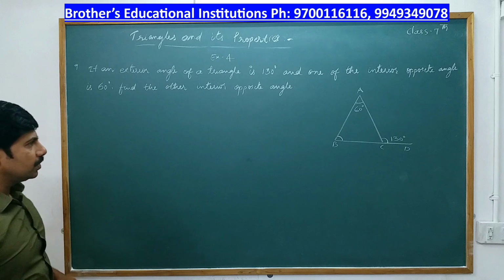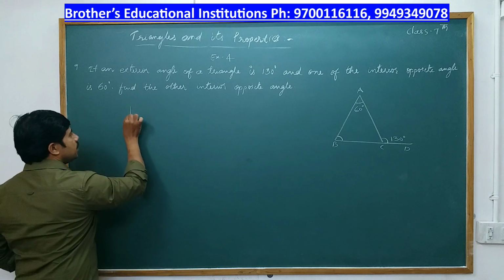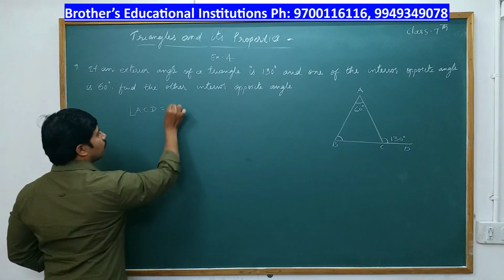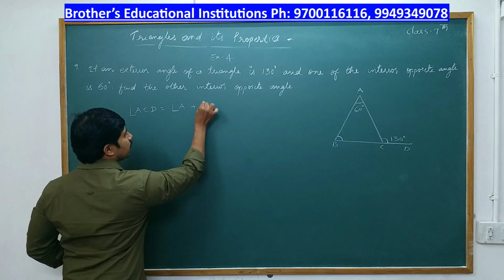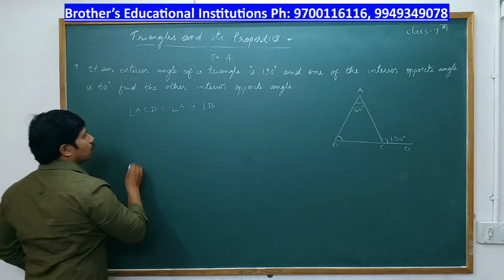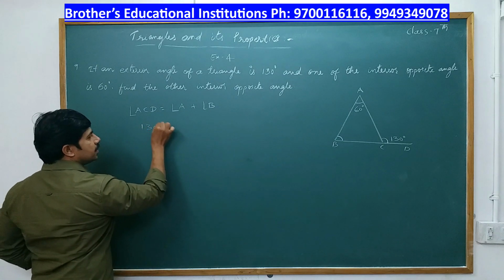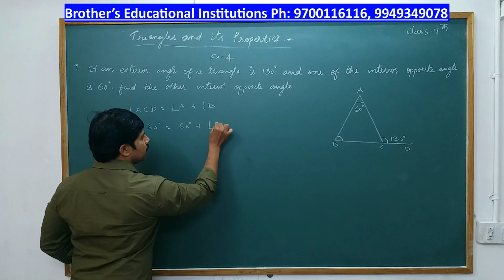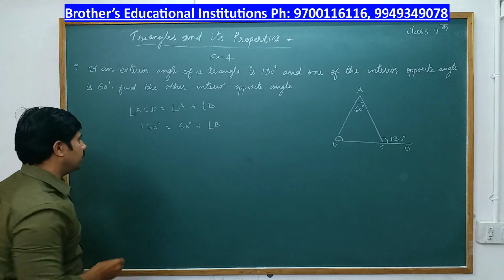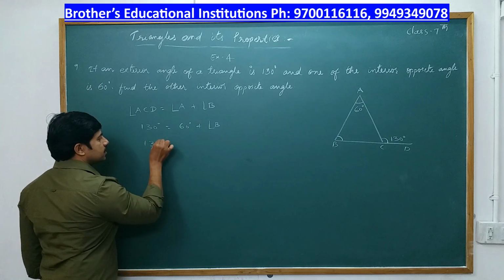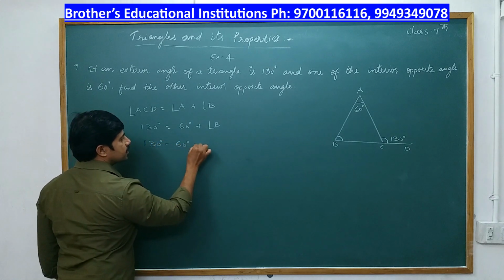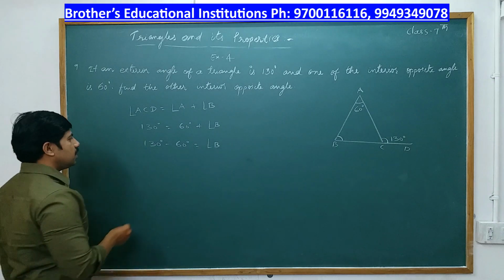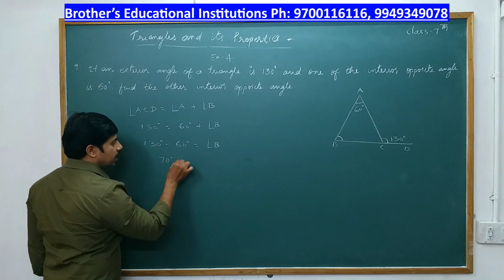So very simple, just use that property: the exterior angle of a triangle is equal to the sum of the two interior opposite angles. So 130 degrees is equal to 60 degrees plus angle B. Okay, so we find angle B. 130 degrees minus 60 degrees is equal to angle B. 130 minus 60 is 70 degrees.